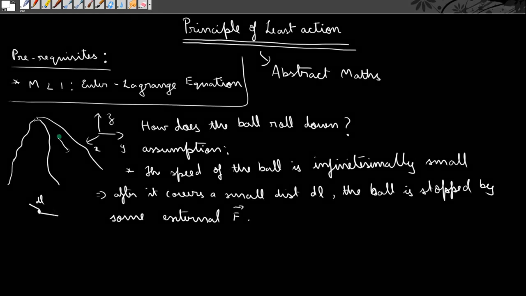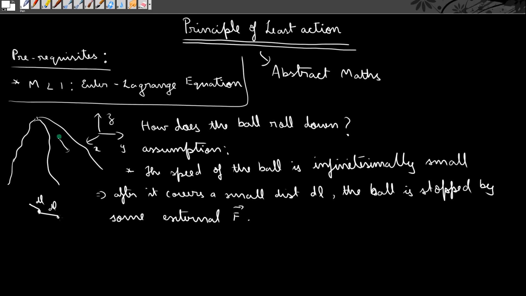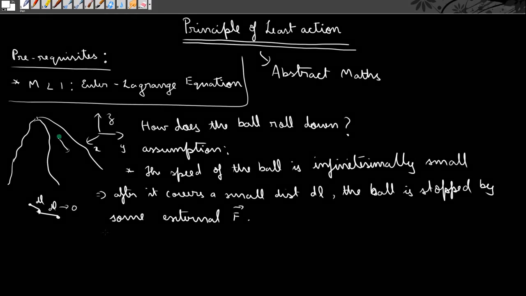And once again it may travel some dl, and again I'm going to stop the ball. And as dl tends to 0, whatever the velocity it gains as it goes from this point to this point is going to be very small, and since I'm stopping the ball, its average speed will be infinitesimally small. So this is our assumption.